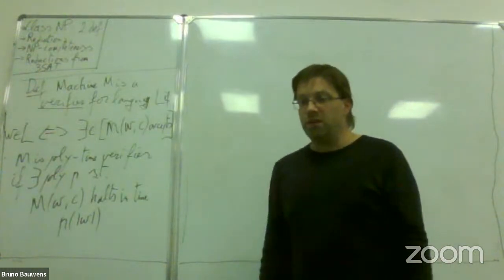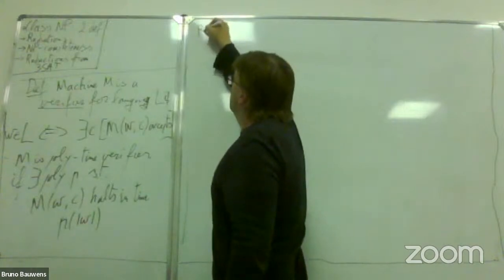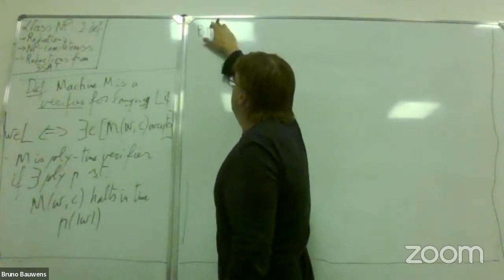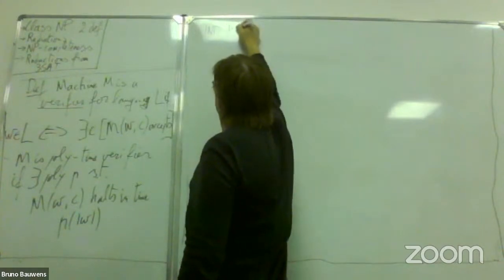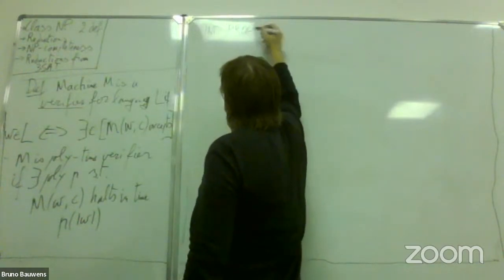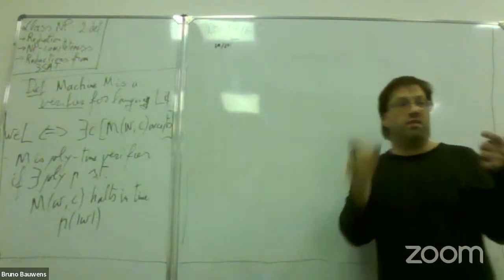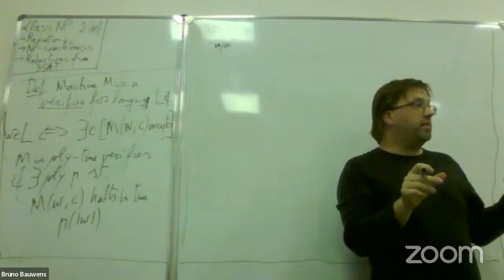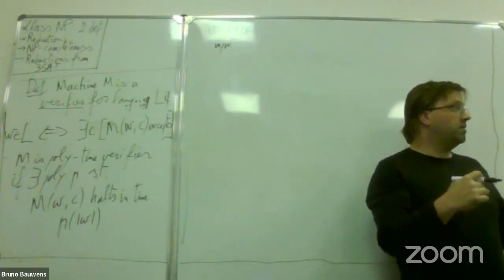Let us consider another problem, which we will use more today, which is integer programming. The input will be a matrix and a vector, and we check whether it defines a system of inequalities that's satisfiable.